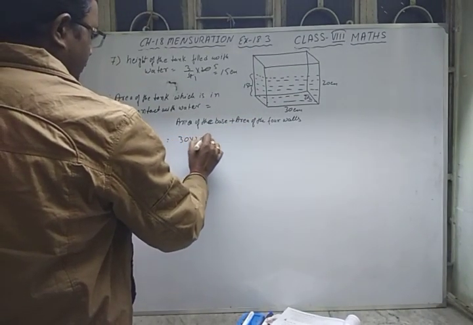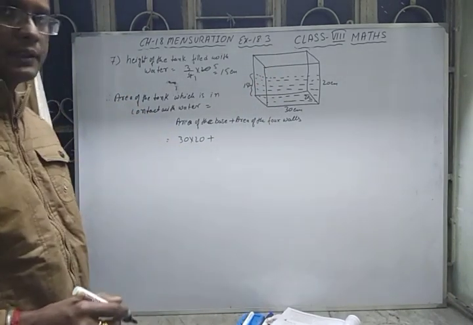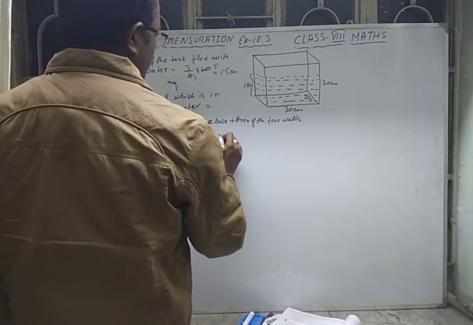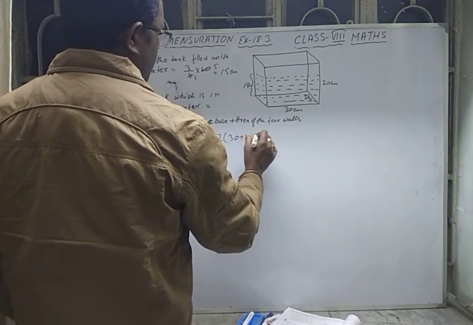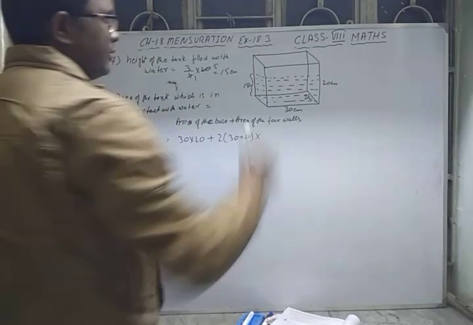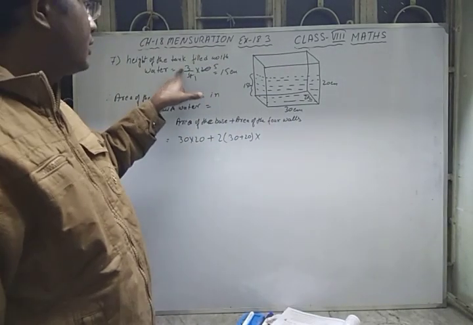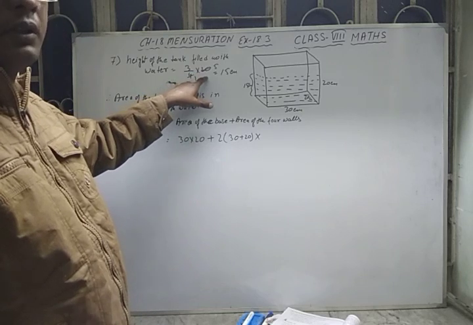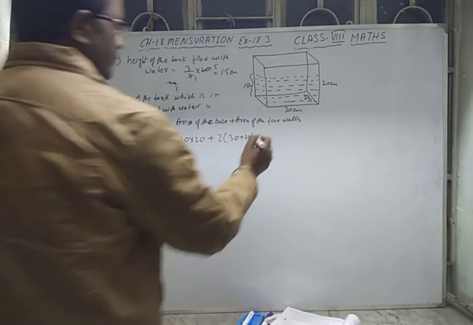Okay, so the area of the base is length into breadth, so it will be 30 into 20, plus four walls, which means 2 into (L plus B) into height. So 2 into (30 plus 20). But here you don't have to take the total height 20, because the tank is not completely filled. Water is filled only up to 3/4 of the tank's height, which is 15 centimeters. So you have to write only 15 here.